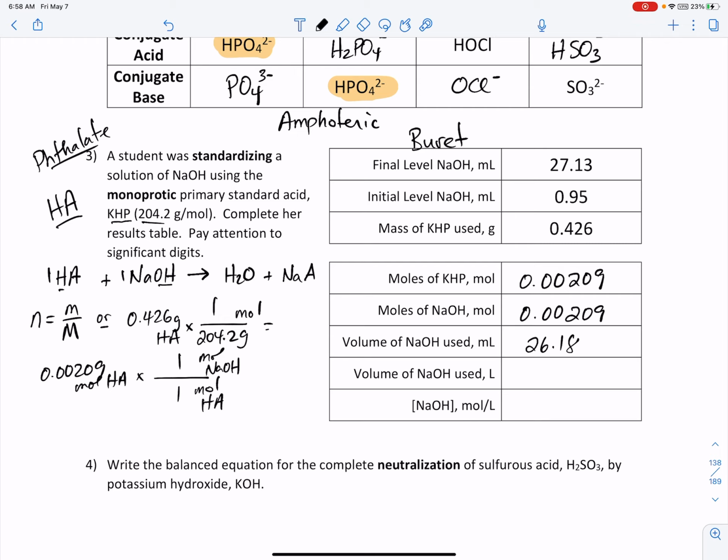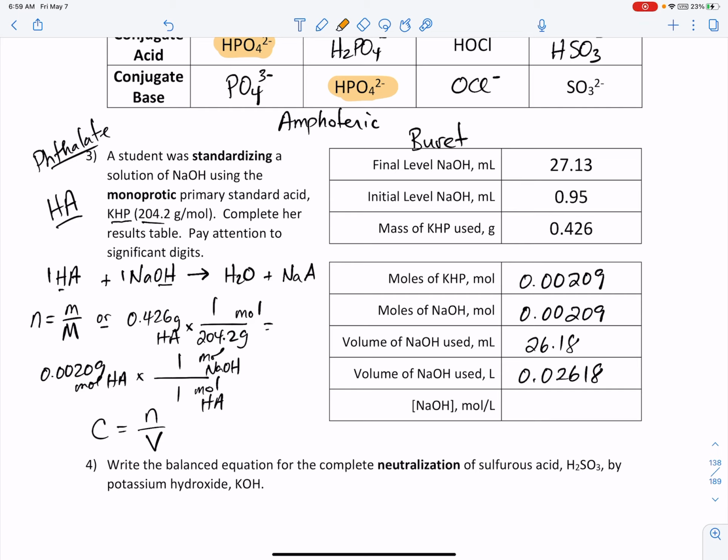Convert that to liters by just dividing by 1,000, and you'll have 0.02618 liters. And finally, we want the concentration of the sodium hydroxide. Well, you remember concentration is moles divided by volume, where the volume is in liters.